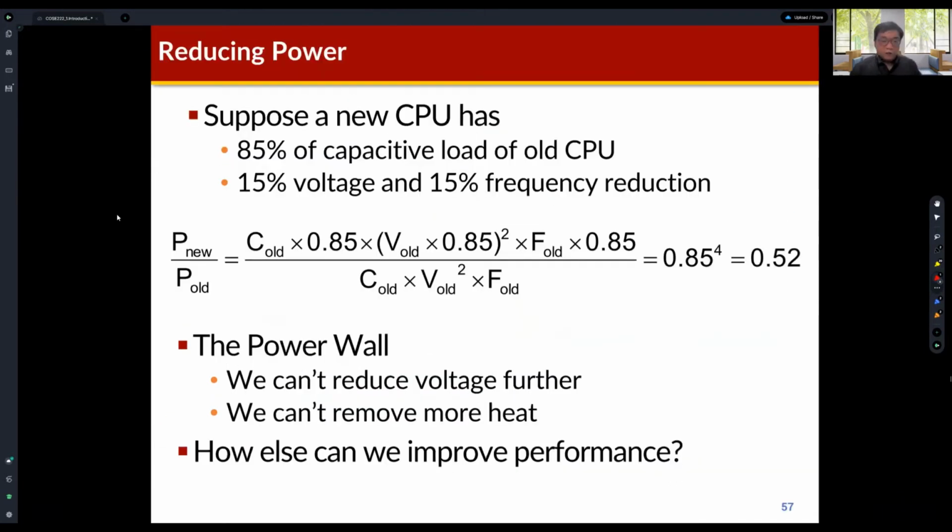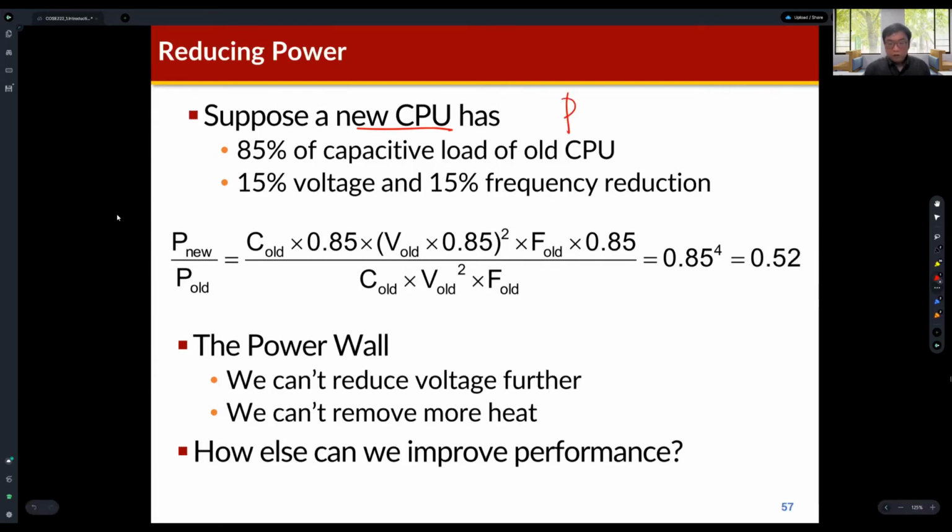Based on this simple equation, we can easily compare the power consumption of different CPUs. Here is an example. The new CPU has 85% of the capacitive load of the old CPU, a 15% voltage drop, and a 15% frequency drop. What is the power consumption of this new CPU?